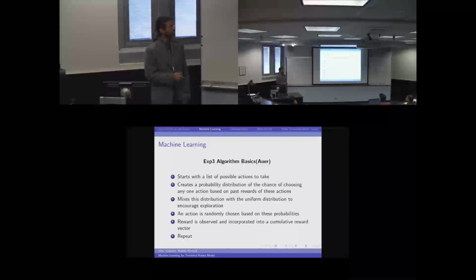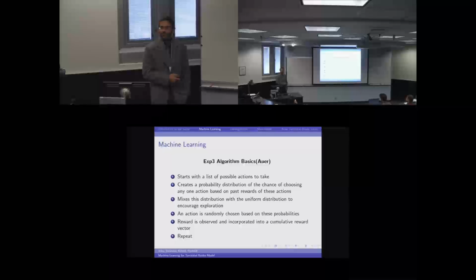Now those distributions will evolve in time, and they will evolve based on the past rewards. So if you are getting a good reward somewhere, then you are more likely to go there because it already worked before, and it's quite likely that it will hopefully work again in the future. So if you are getting high rewards, you are more likely to pick that action again.